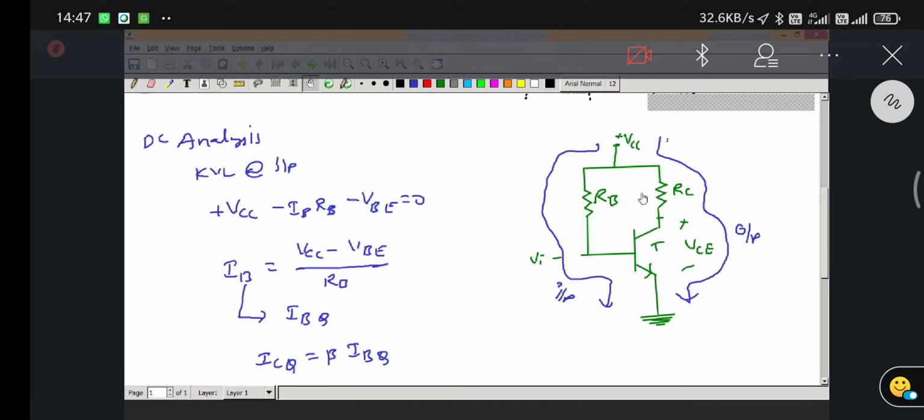The current through the RC is the IC current.